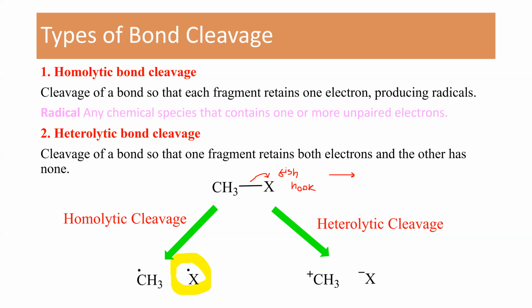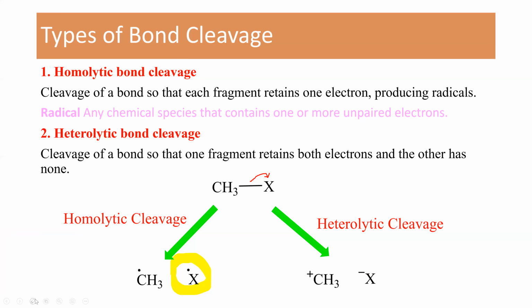So the X is getting the negative charge, right? So here we are drawing this arrow in a curved form according to where the structure is, to show the movement of the electron. So this is the full arrow to show the heterolytic cleavage. I hope you got that point.